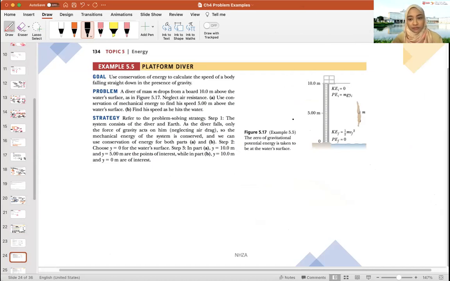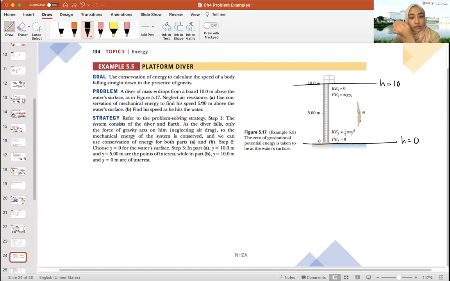So platform diver. A diver of mass m drops from a board 10 meter above the water's surface. So here our water surface is now our H equals to 0. And this is our H equals to 10. Neglect air resistance.